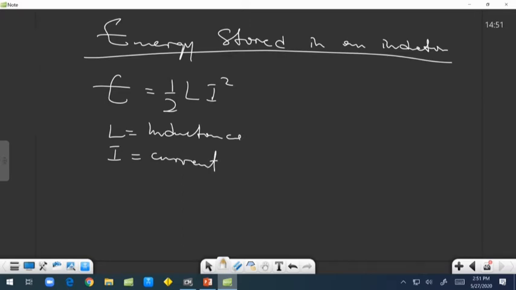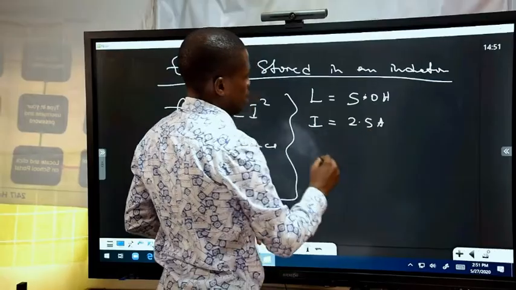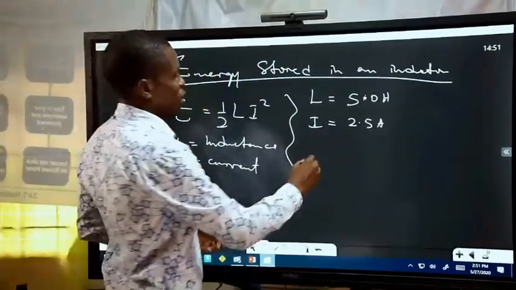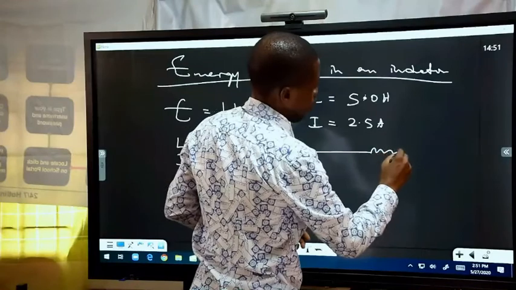So basically, the energy is measured in joules. So we can consider a case where the inductance is 5.0 Henry, okay? And the current flowing is 2.5 amperes. What is the energy due to the coil?